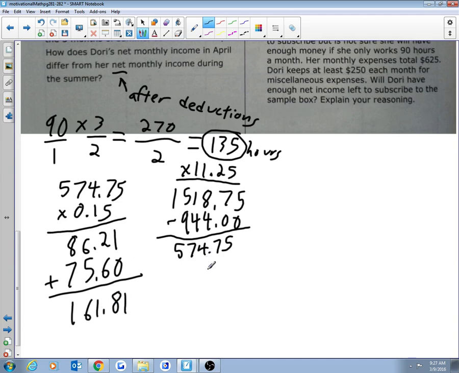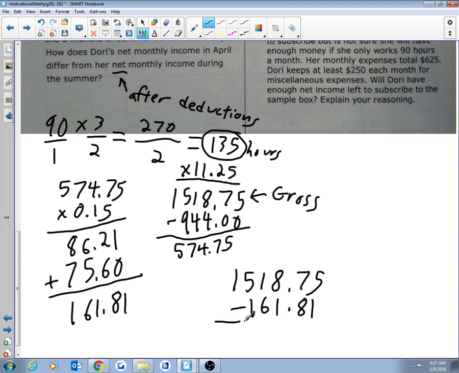So her gross income, when we multiplied these two, was this right here. That's before deductions. So we've got 1518.75, and we're going to subtract the deductions, the taxes she has to pay, 161.81. So in the summer months, let's just do this by hand. 5 minus 1 is 4. Let's make this a 7.